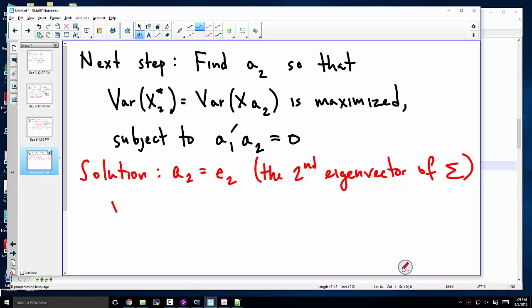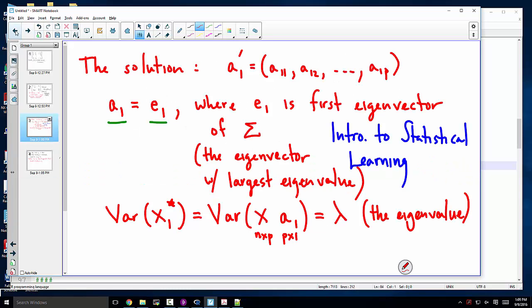And then we have that the variance of x2 star, same thing as the variance of x times e2, is lambda 2. I should have put lambda 1 on the previous slide. This is lambda 1, and that's the first eigenvalue. So the variance of the first new variable, we'll go ahead and give this new variable a name. x1 star is the first principal component.